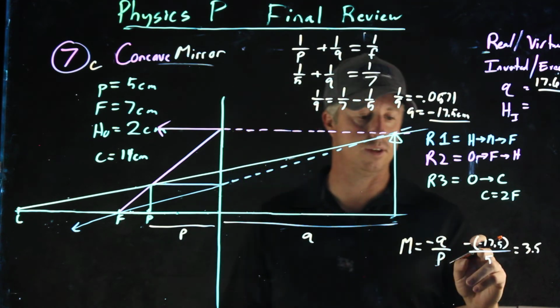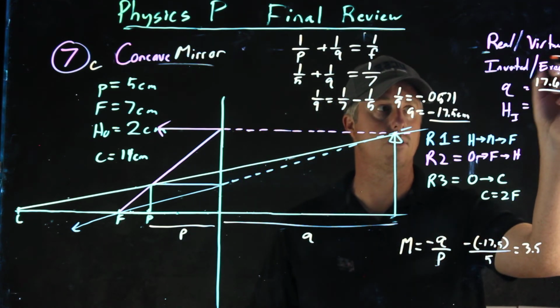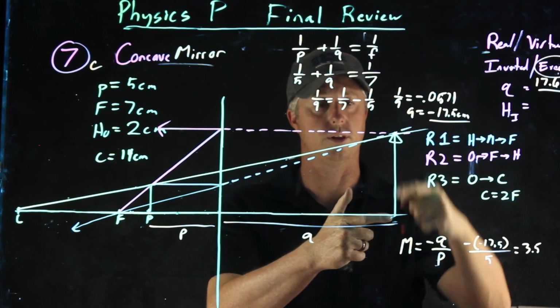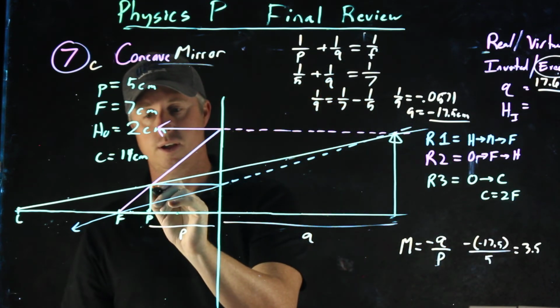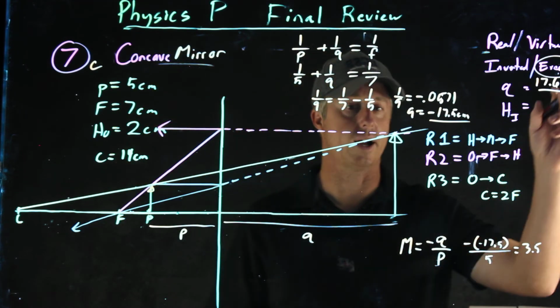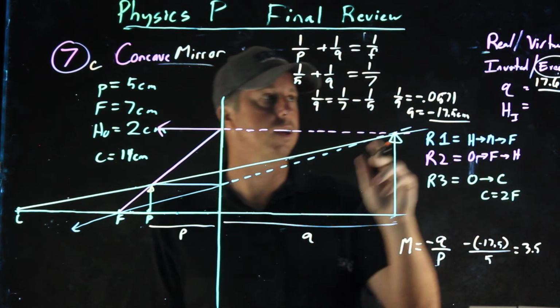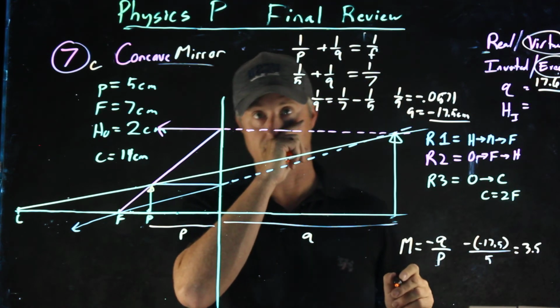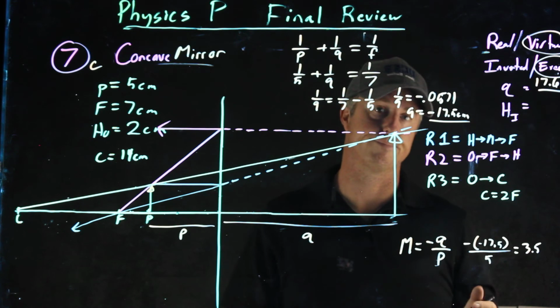Now it's positive, which means it's erect. Positive means it's moving up in the positive direction, while this one was moving positive, and my original object here was moving positive. So it's erect. It's using virtual lines, so it is virtual, which I could also figure out from the negative Q.